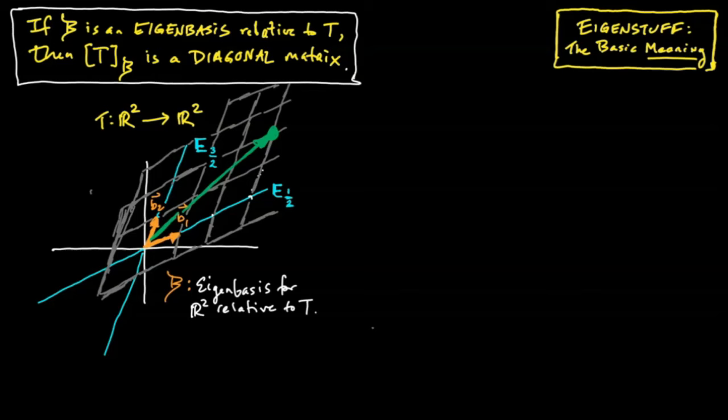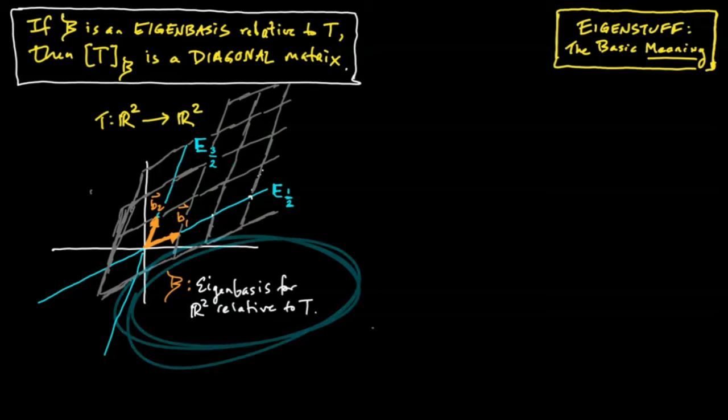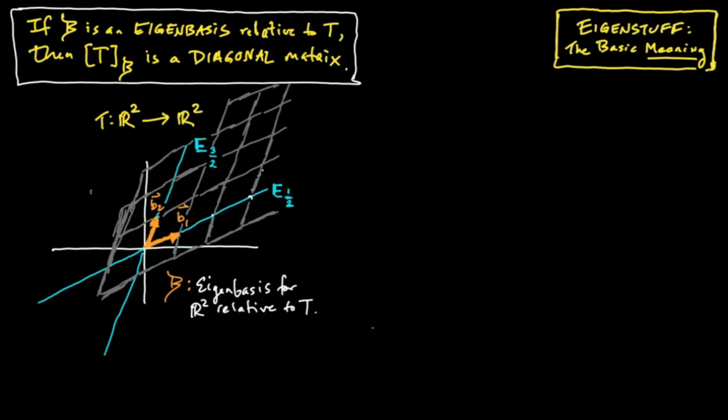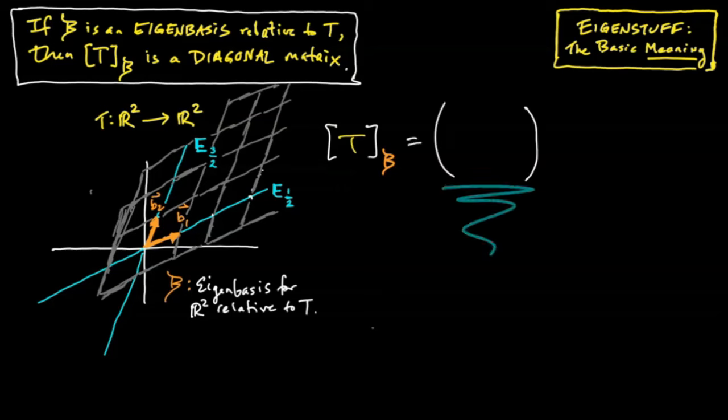And algebraically, an eigenbasis is wonderful because the matrix representation of the linear map relative to an eigenbasis is going to be diagonal. So in this case, for example, if we want the matrix representation of the map relative to the eigenbasis, of course, it's going to be a 2x2 matrix, and let's think about what its columns will look like.